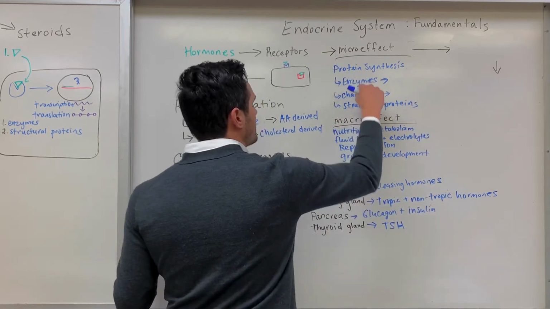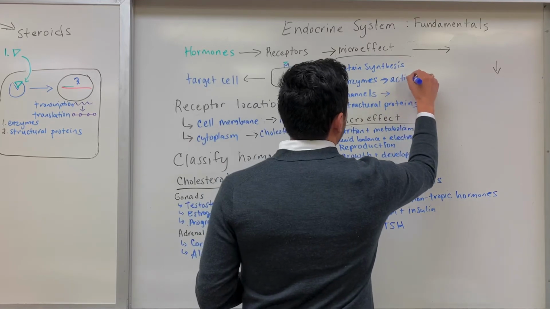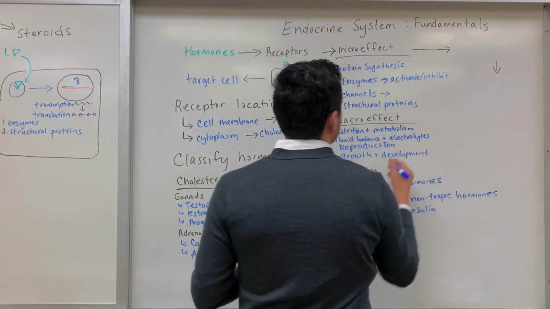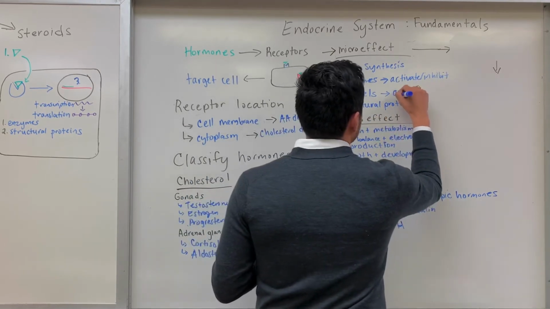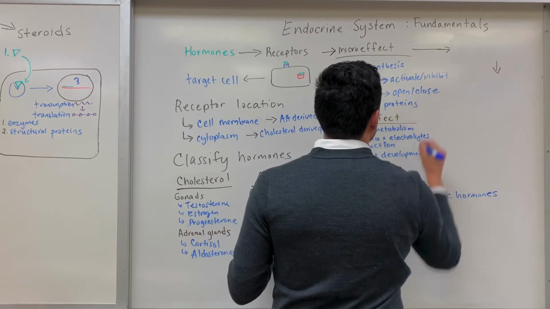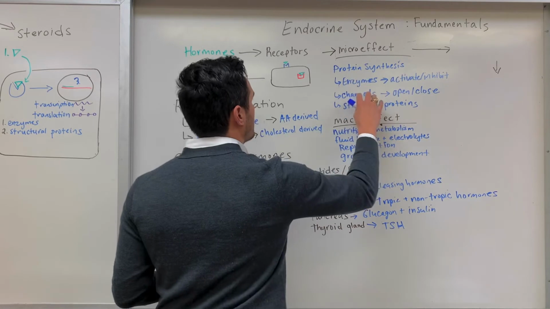Beyond just synthesizing each of these, we can also either activate or inhibit certain enzymes, and we can also open and close some of these ion channels. And how do we go about doing this?